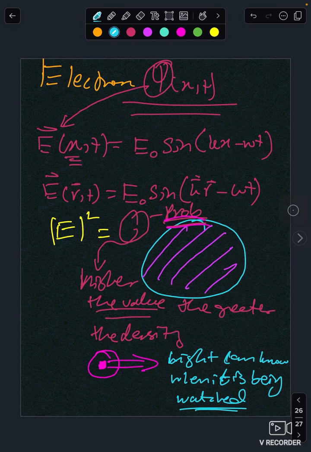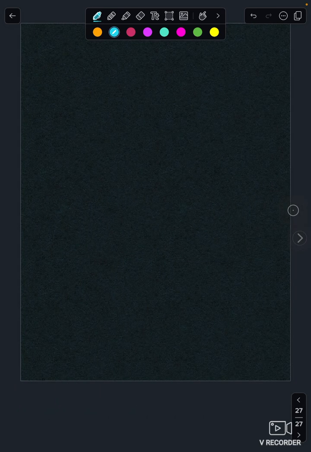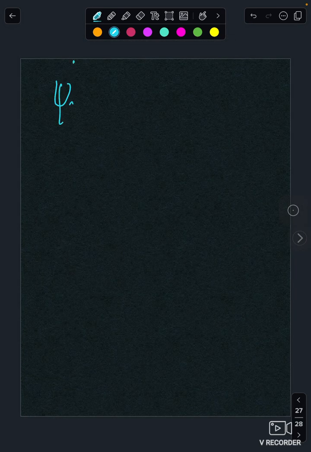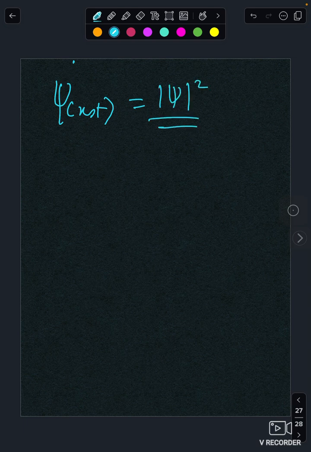Electron also has a wave character as well as a particle character. Its wave function, for electron we take it as psi again. Same thing, the only difference is that we're using psi here. This wave function can be obtained by using Schrodinger's wave equation.